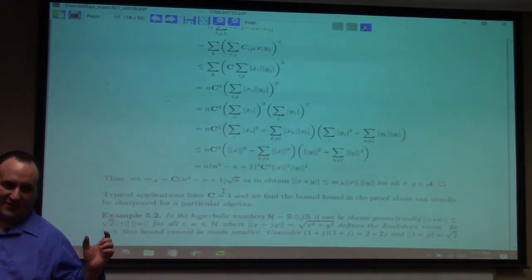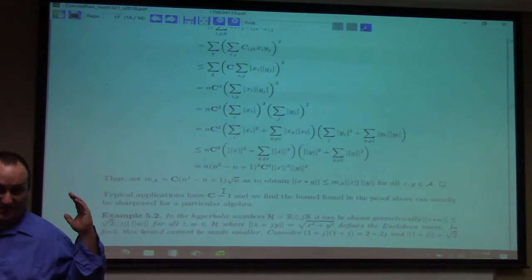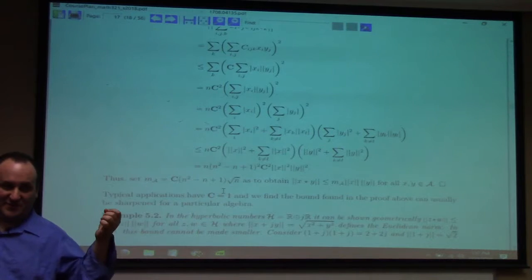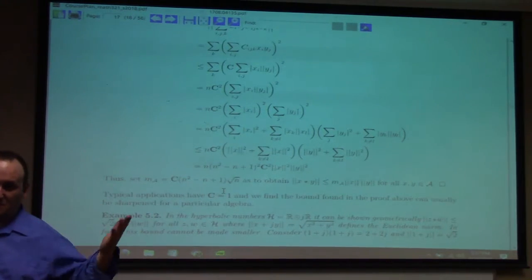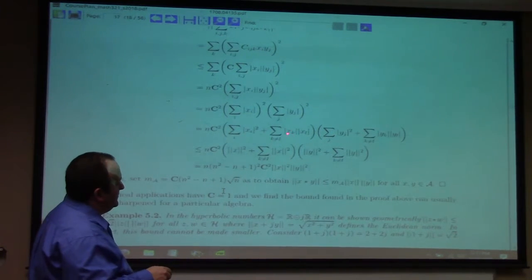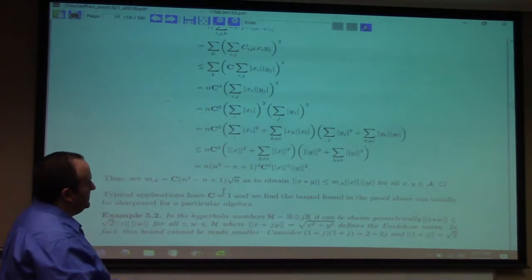We're talking about like absolute value of x1 plus absolute value of x2, and so on, plus absolute value of xn. Take all of that and square it. So yeah, it's got the product of like absolute value of x1 squared and absolute value of x2 squared, but it's also got all of those cross terms, right? The cross terms I wrote over here. So here's the diagonal terms, here's the cross terms.